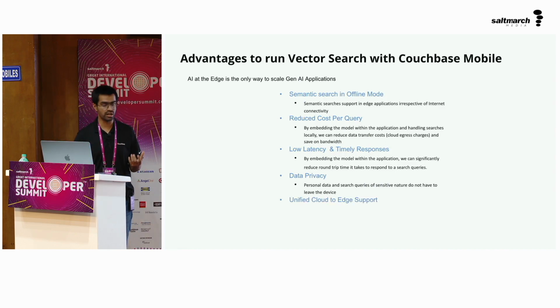And of course, for some of the queries you might require larger models, because one of the constraints we have with edge applications is that you cannot really run very large models on mobile.